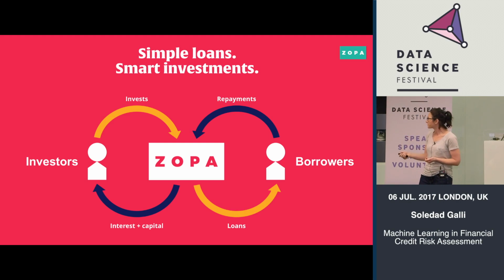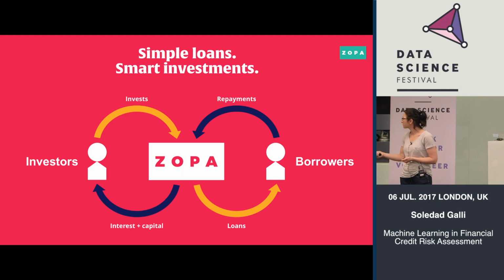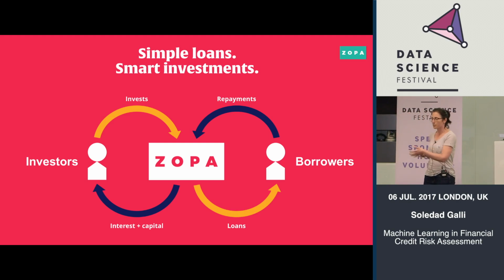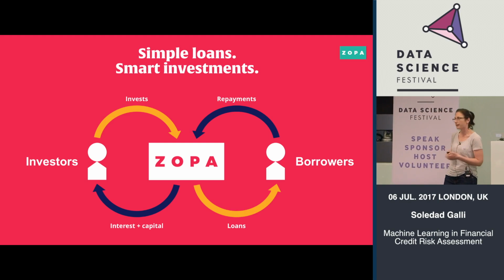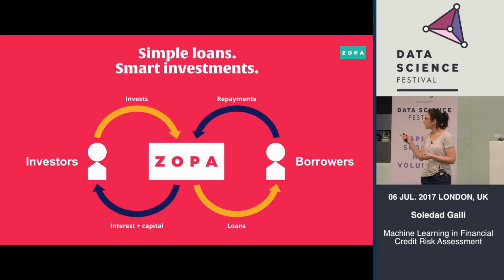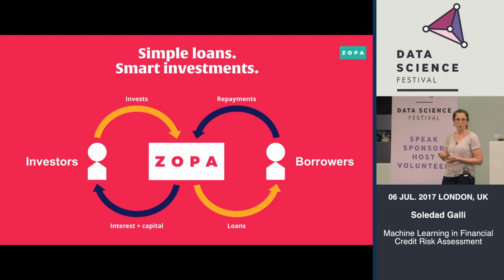So when an investor invests their money in Zopa, we match it to borrowers that are looking for a loan, say to improve their house or to buy a car or anything like that. And when the borrower pays their money back into Zopa, we pass the capital and the interest back onto our investors. And by allowing this flow of money and by managing risk, we are able to provide lower rates to borrowers and higher returns to investors.